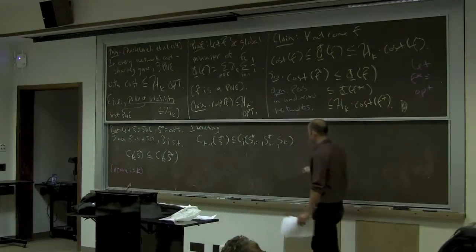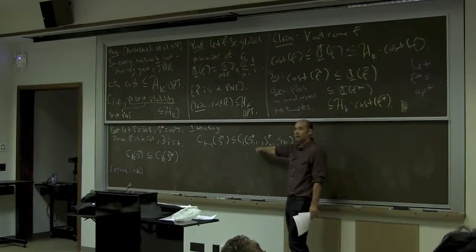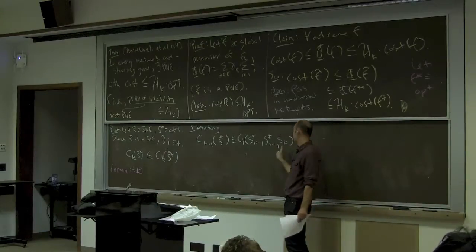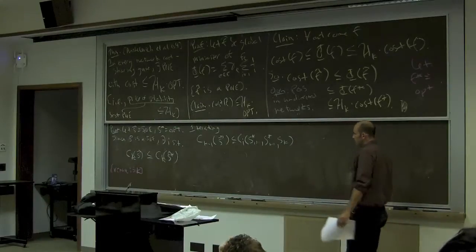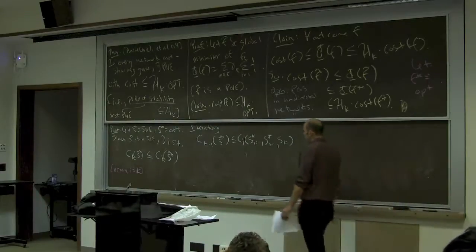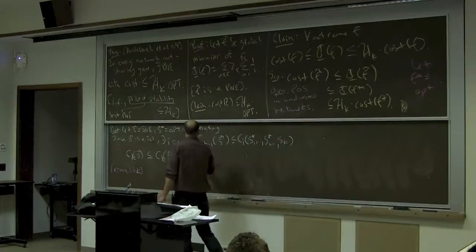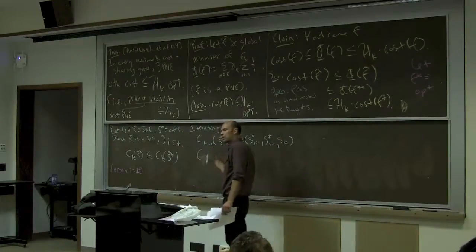Remember, in the second step, the coalition involves only the first k-1 players. So S sub k, we leave the same on both sides. So this again is the strong Nash equilibrium hypothesis applied to the first k-1 players. Then we do it again with the remaining players we don't have an upper bound on yet.